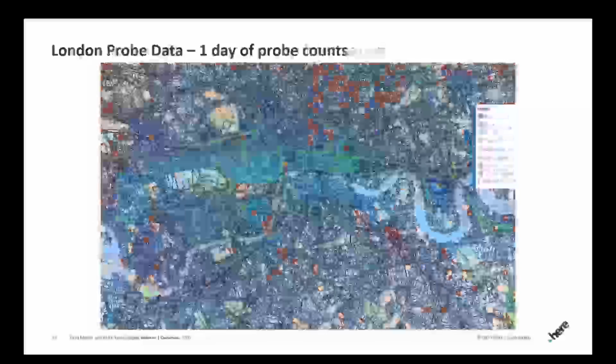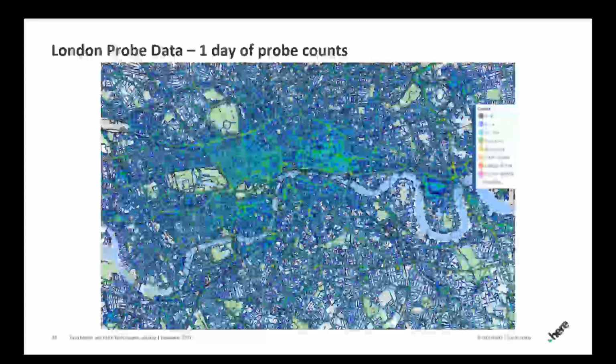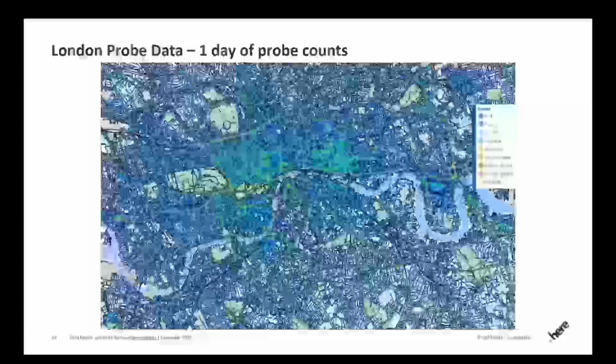So if I zoom out a little bit, this is still London, but zoomed out, and then looking into, okay, if we again take 1 day, how many points do we then see? And then, of course, there is a difference between major roads, where there is more data available, and residential roads, where overall fewer vehicles are driving anyway, right?